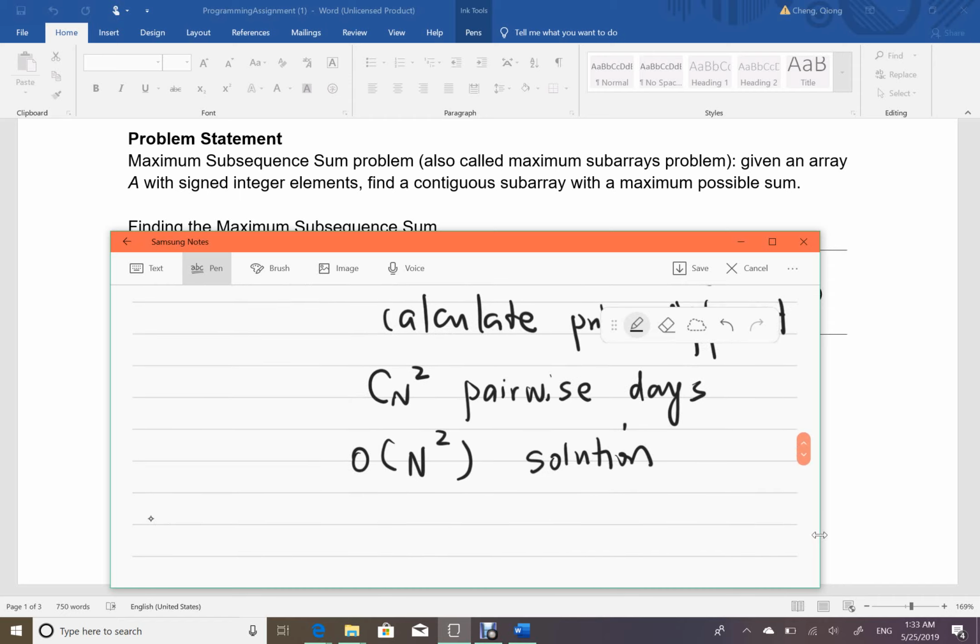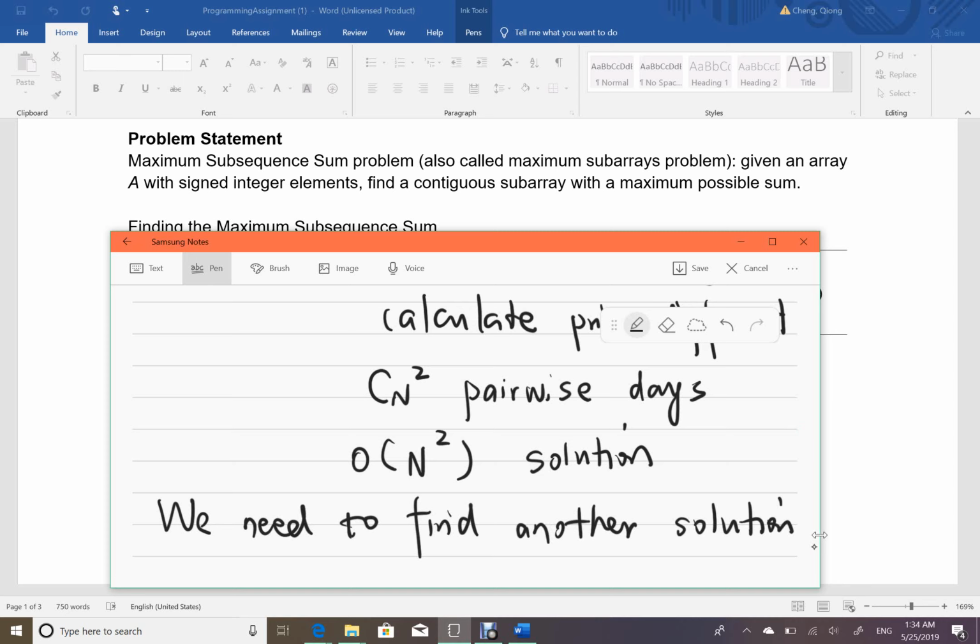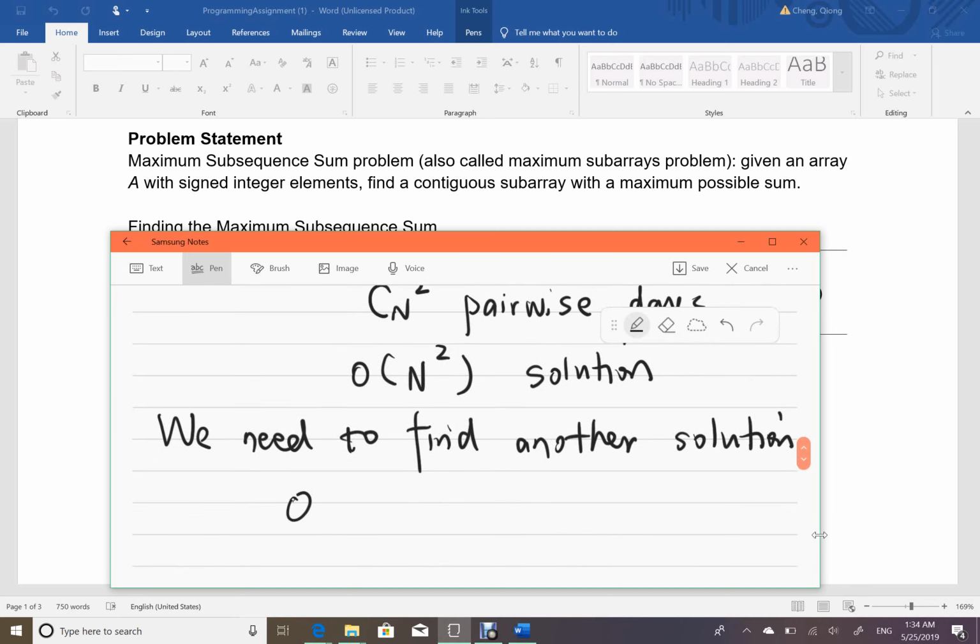We need to find another solution, which satisfies O(n log n), right? This we need to find. The question is, can we use divide and conquer?